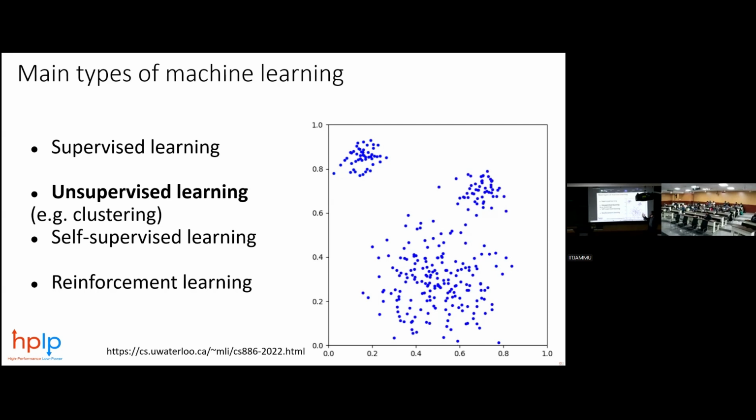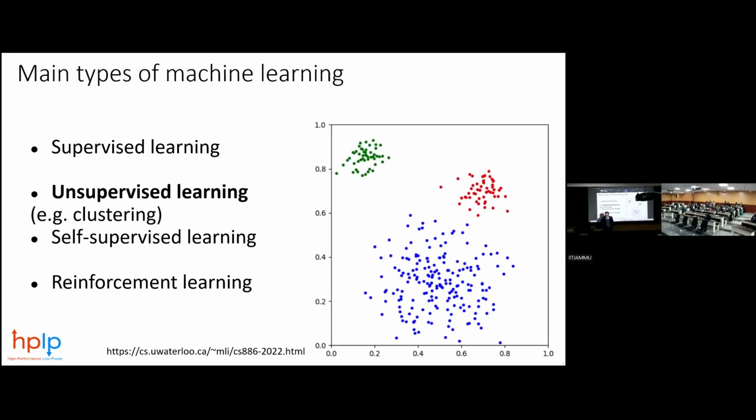This is not a precise definition, right? Is this point here, a node here, in that cluster or the other cluster? It doesn't really matter. But this is an example of unsupervised learning where you want your AI algorithm to be able to detect these clusters and tell you these points are in that cluster, those points are in that one. And this is unsupervised, so that's an advantage.